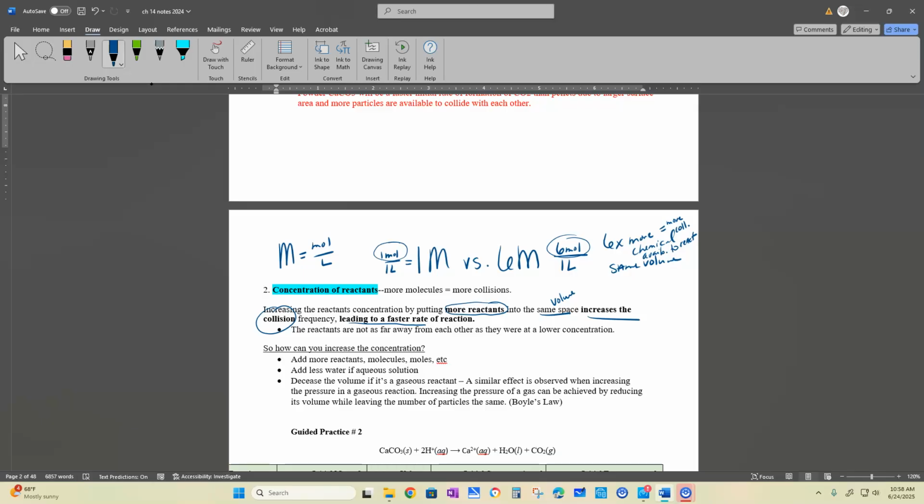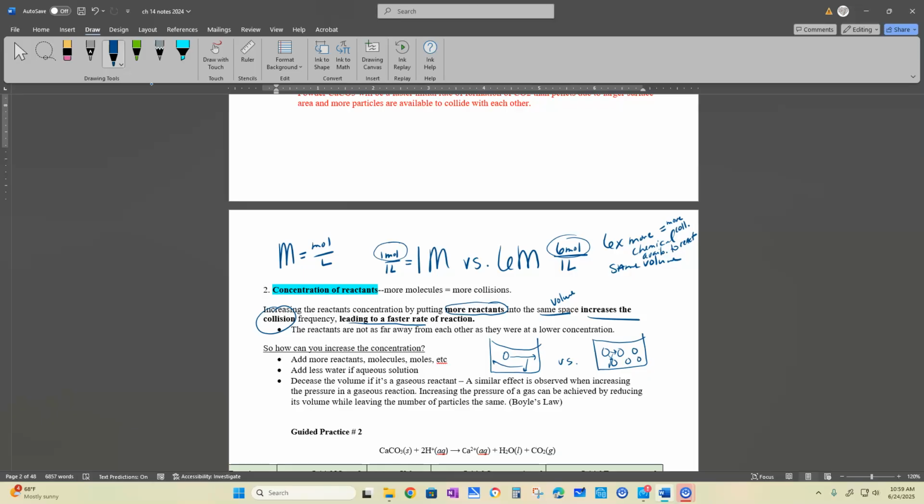The reactants are not as far away from each other as compared to a lower concentration, because in your sample, maybe you have 1 mole versus now 6 moles. You've actually brought them closer together. This molecule can only collide with the wall so many times, but this one can collide with each other, the walls, the next one, and so forth.